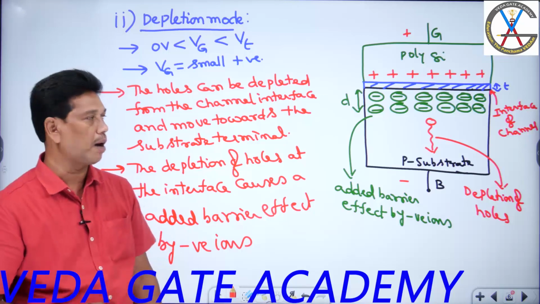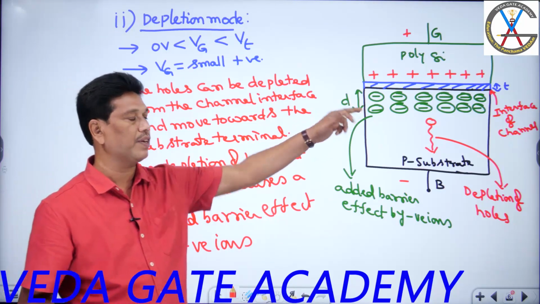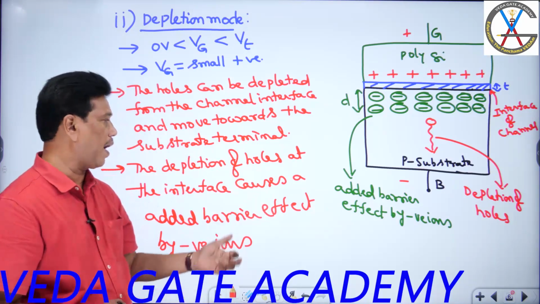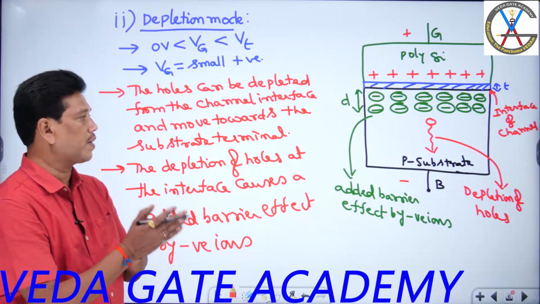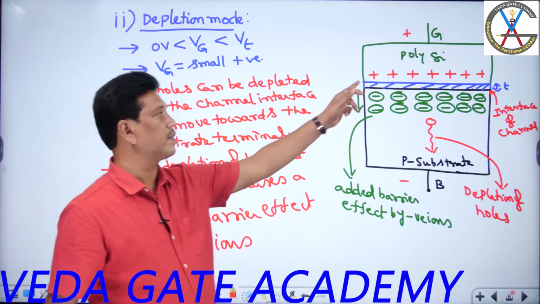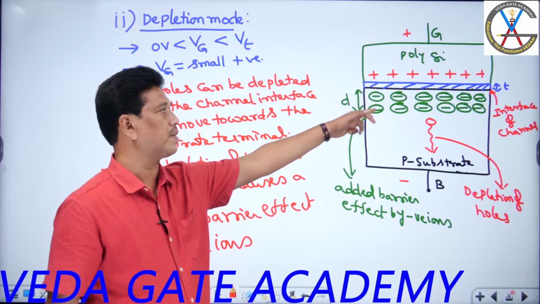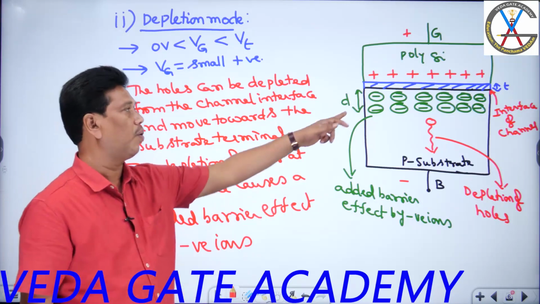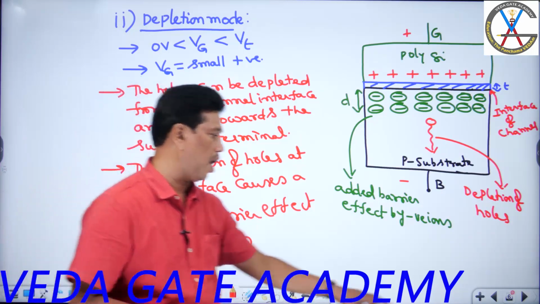Removal of holes at the interface causes an added barrier effect by negative ions you can call. So as a result, the capacitance is considered by both the oxide region and the added barrier effect. This is the case.